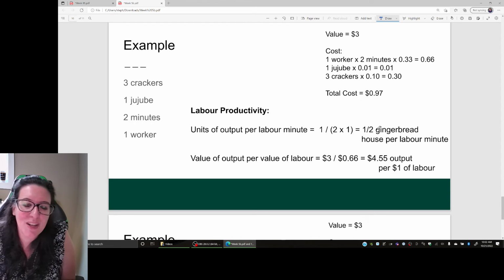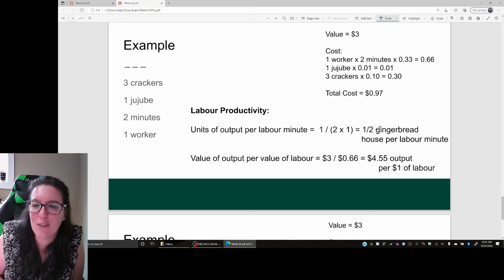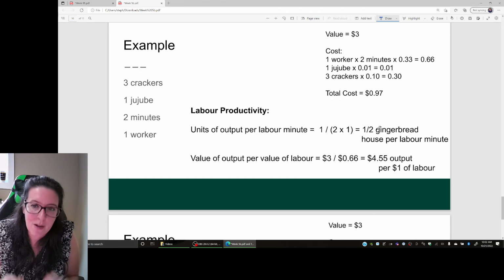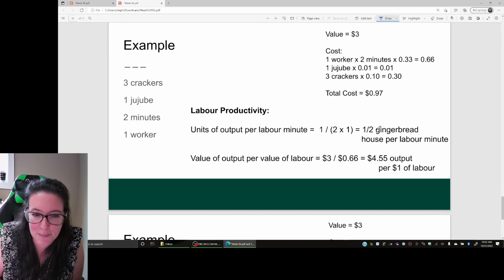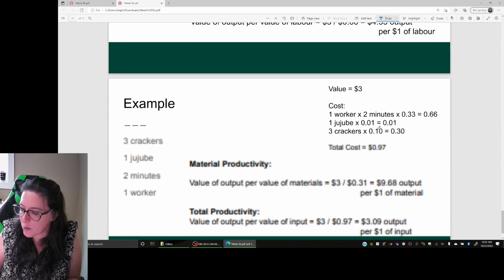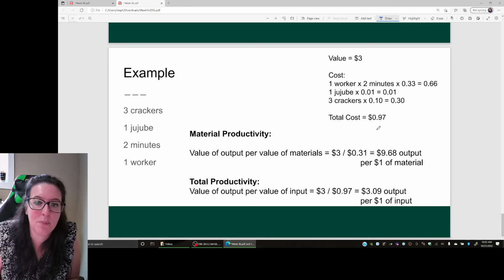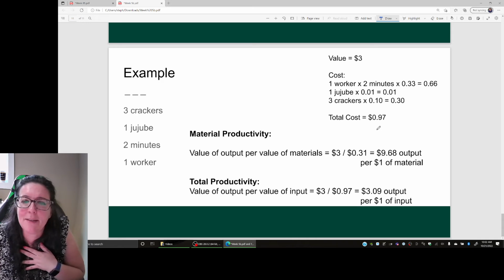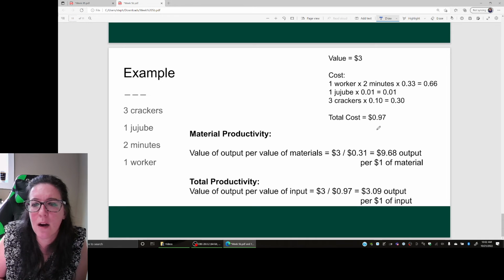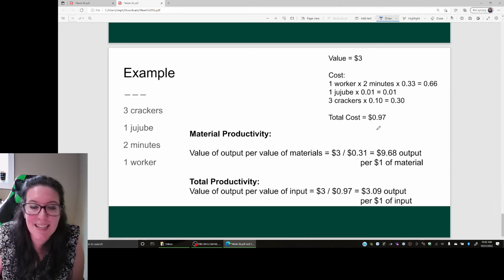Now, we can also look at labor productivity in terms of value of output per value of labor, right? So I created $4.50 worth of gingerbread houses for every dollar put into labor. We can also look at our productivity in terms of material productivity. Here we are looking at all of the materials we use.